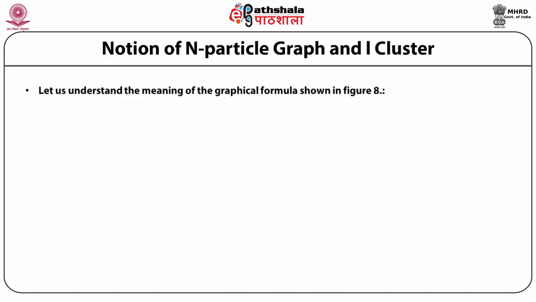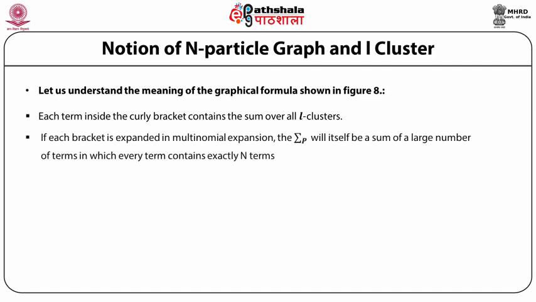Let us understand the meaning of the graphical formula shown in figure 8. Each term inside the curly bracket contains the sum over L clusters. If each bracket is expanded in multinomial expansion, the summation over P will itself be a sum of a large number of terms in which every term contains exactly n terms.